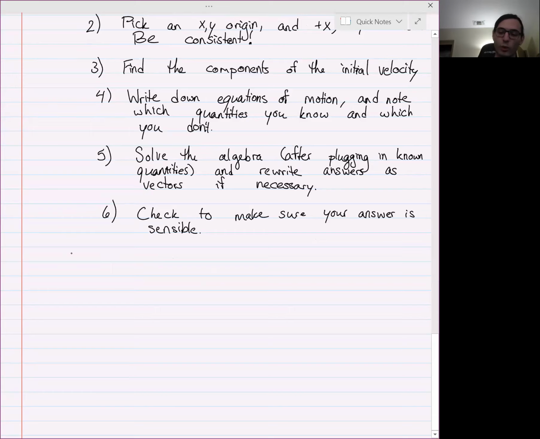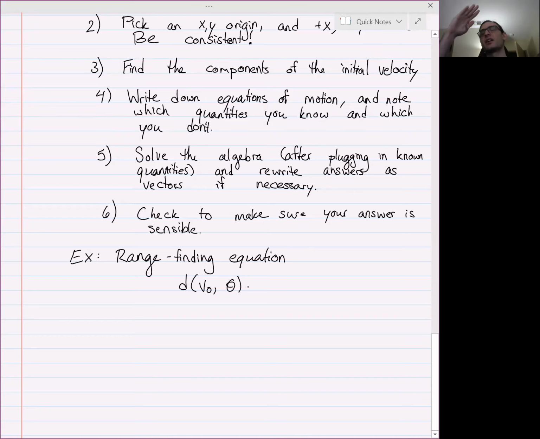Now, the example that I can work out later at the end of lecture is the rangefinding equation. It's not actually a specific example. It's a generic example that lets you figure out the distance an object travels given its initial speed v0 and its angle: it's fired at an initial speed v0 at an angle theta relative to the ground.